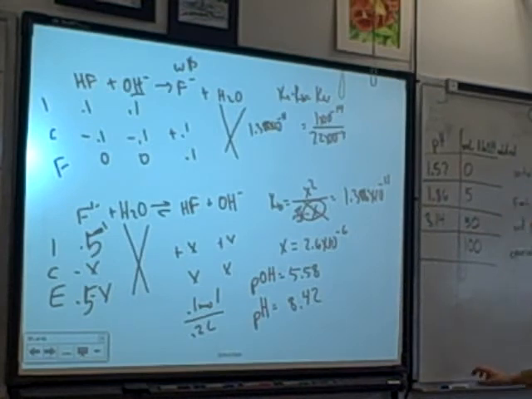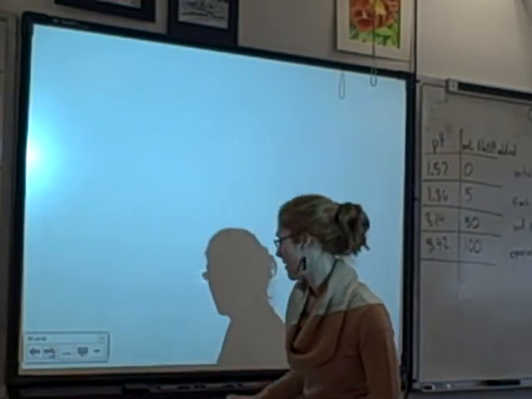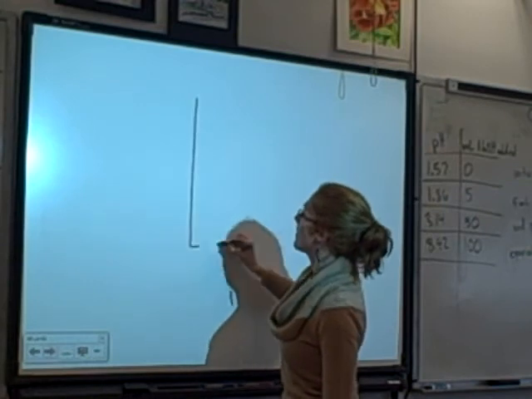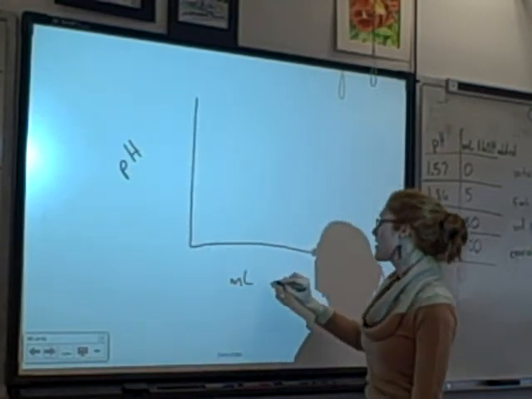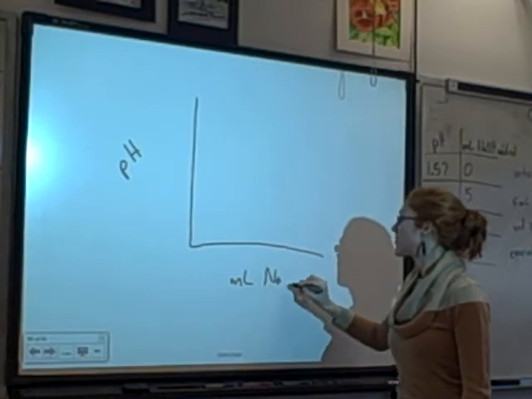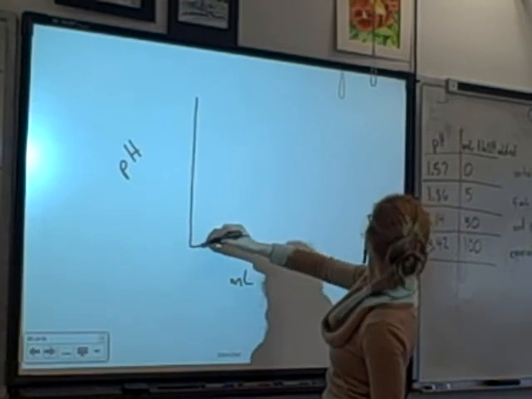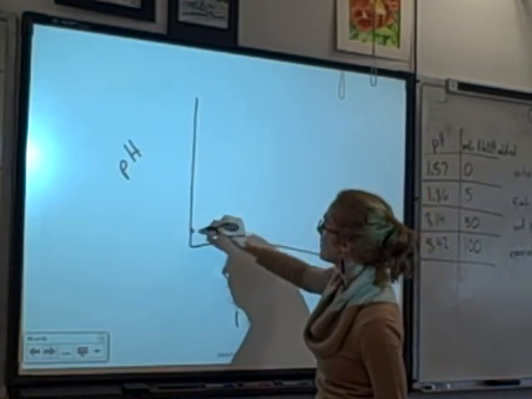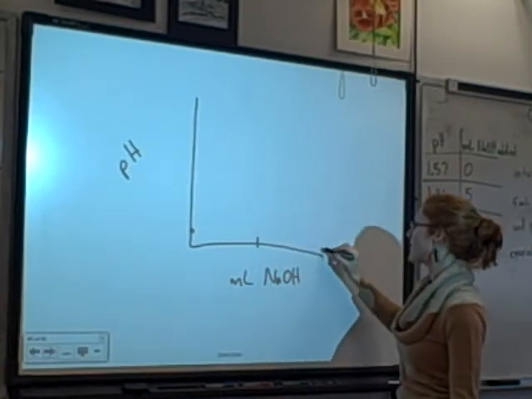So now I have all the points that I need. I can plot this titration curve. So let's see what it looks like. I'm going to plot pH versus milliliters of sodium hydroxide added. Initially, the pH is 1.57. After I've added 5 milliliters, I'm going to call this 50 and this 100.